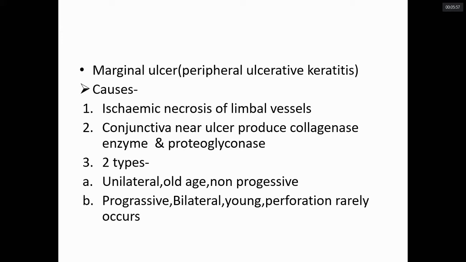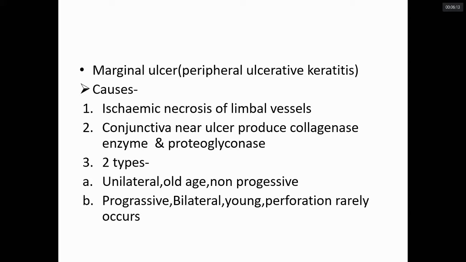There are 2 types: unilateral, which usually occurs in old age and is non-progressive; and bilateral, which is progressive and occurs in the young, but perforation rarely occurs.